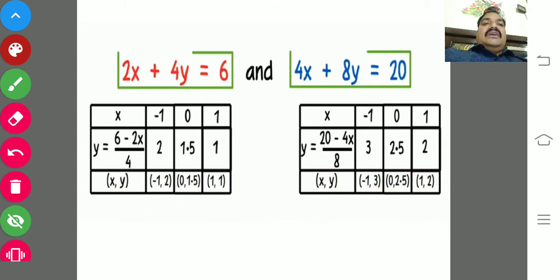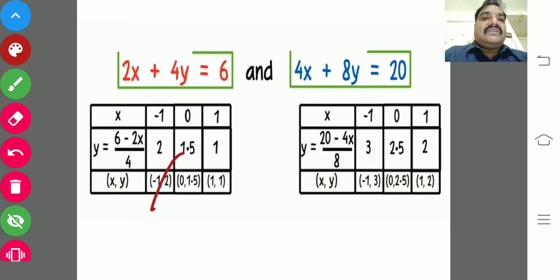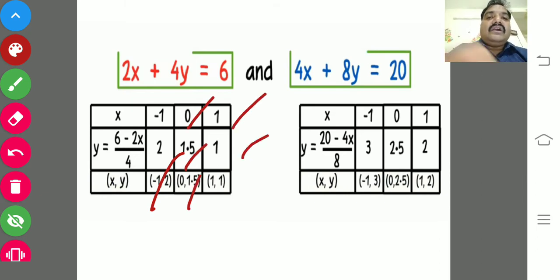And if you substitute 1, you will get 1, obviously. And if you substitute minus 1, you will get 2. So after finding the y value, simply you write the coordinates. So minus 1, 2 is one coordinate, and 0, 1.5 is one more coordinate, and 1, 1 is one more ordered pair.